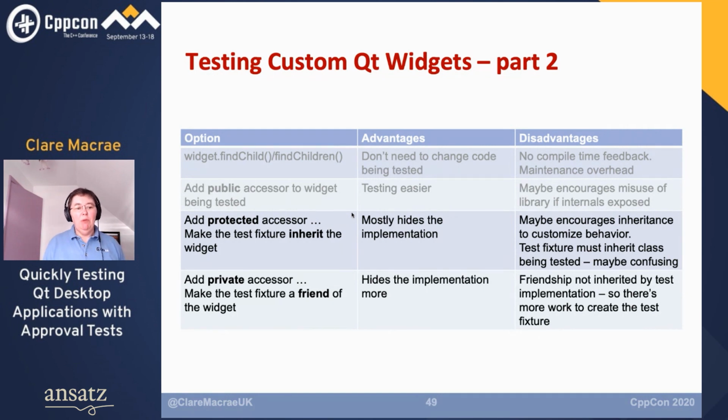We could keep the public accessor, we could make a protected accessor and use inheritance where the fixture inherits the thing that we're testing, or we could add private accessors or even access the private data and make the test fixture a friend of the class that you're testing. None of those is perfect. You have to hold your nose and decide which approach you think is best. I like the last one because it gives better encapsulation, but it's a personal decision.